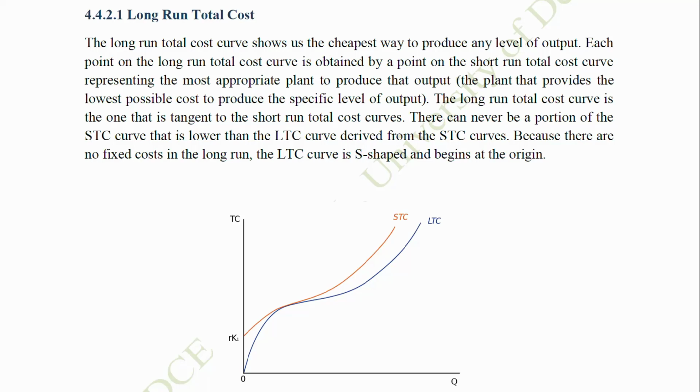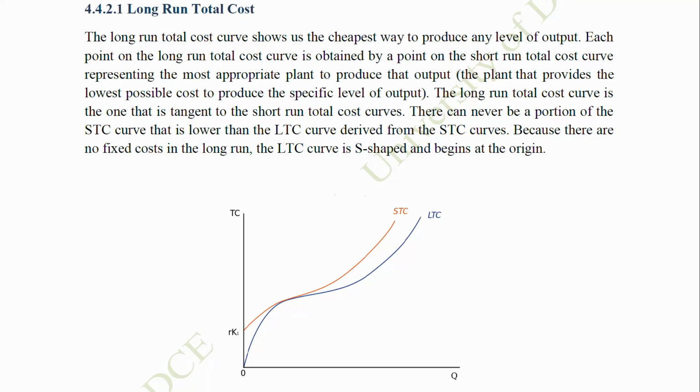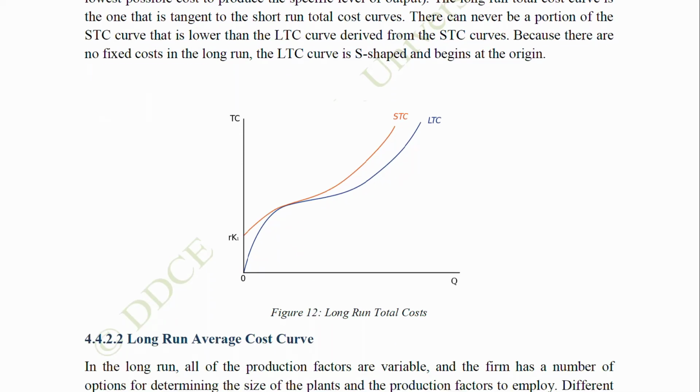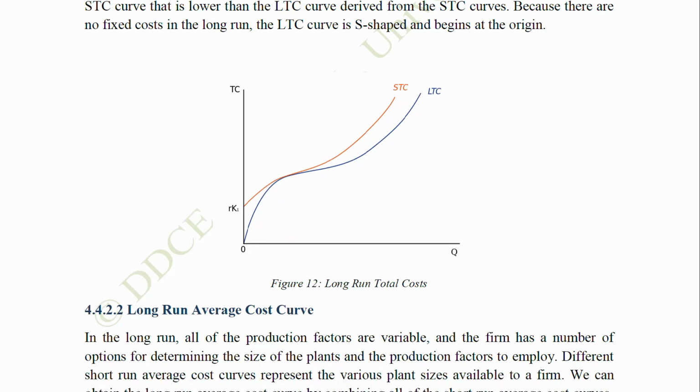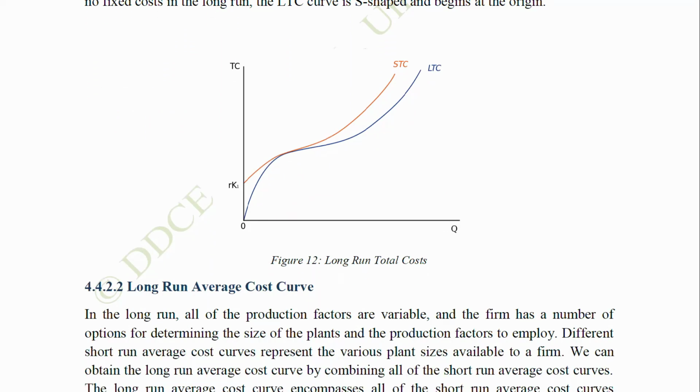There can never be a portion of the short term cost curve that is lower than the long term cost curve derived from the short term cost curves, because there are no fixed costs in the long run. The long run total cost curve is S-shaped and begins at the origin. Figure 12 shows the long run total cost, and it depicts how at every given level of quantity, long term cost is less than the short term cost.